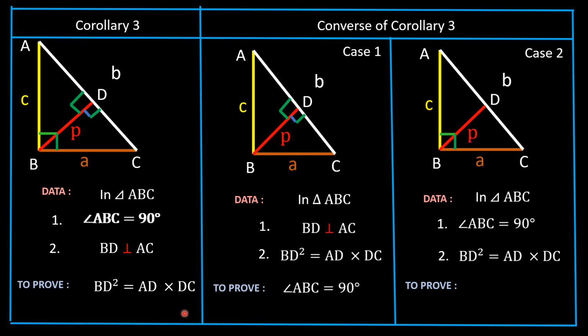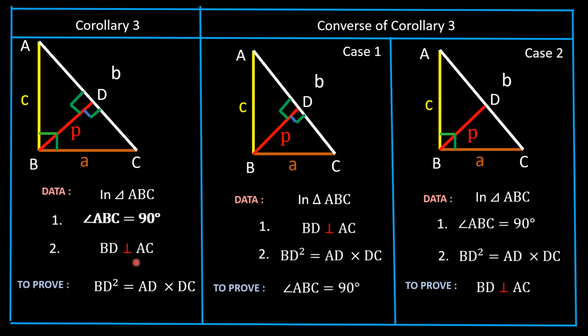Okay, now let us go to case number 2. Let us make the first condition, that is data, as data only for case number 2. So let us take a copy of that and place it here as data for case number 2, so that we will prove BD perpendicular to AC as to prove for case number 2.